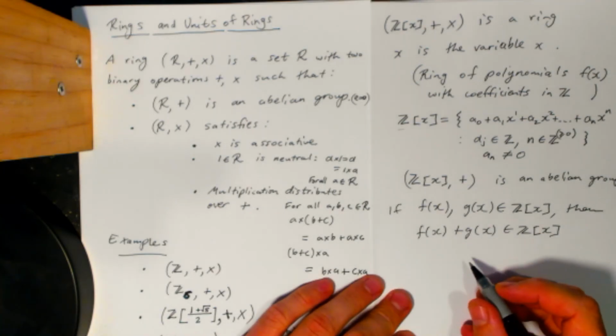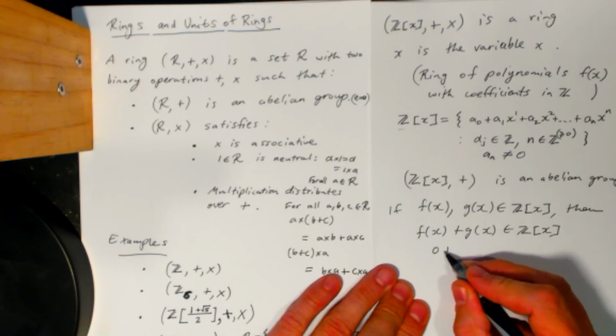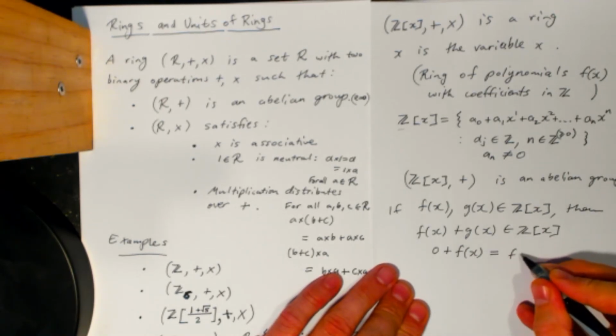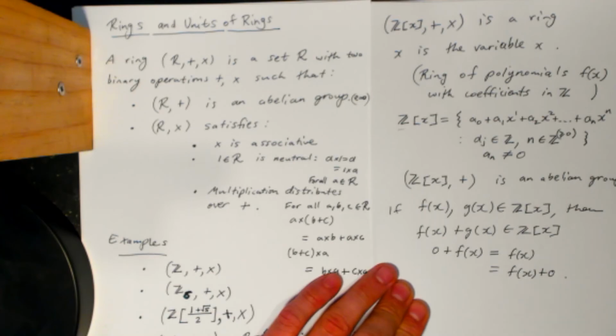We have 0 as our neutral element, so 0 plus f of x is equal to f of x, which is f of x plus 0. So 0 is the additive identity.